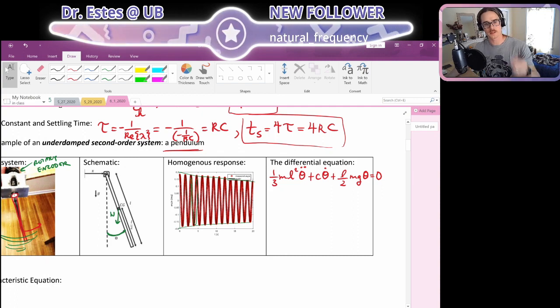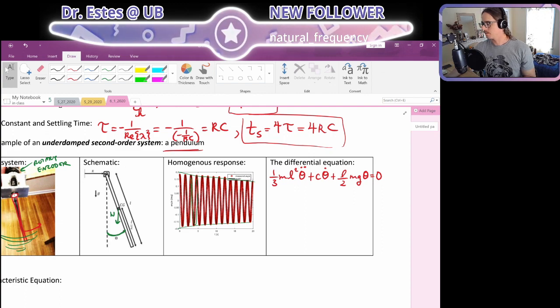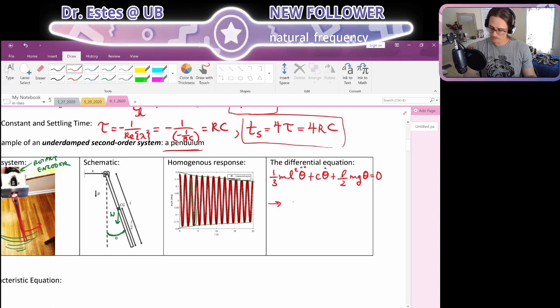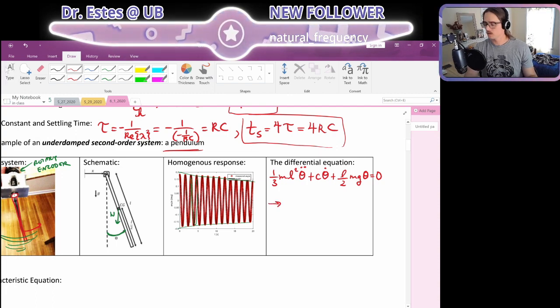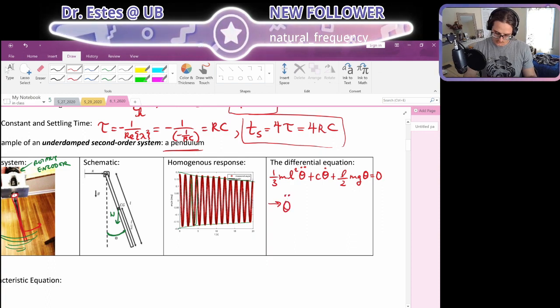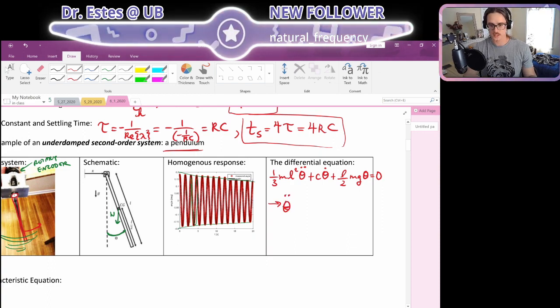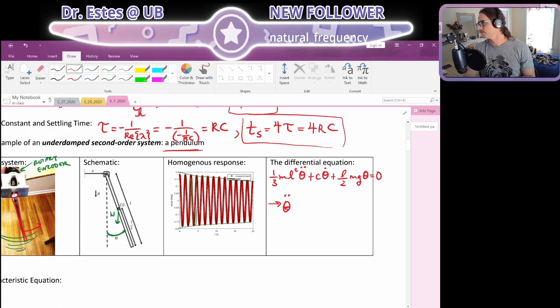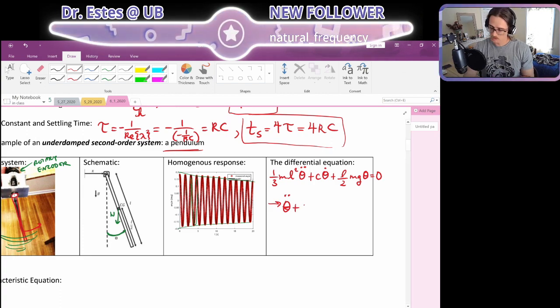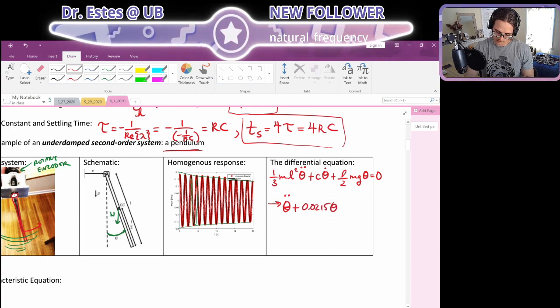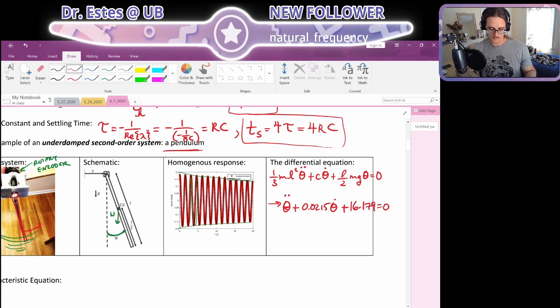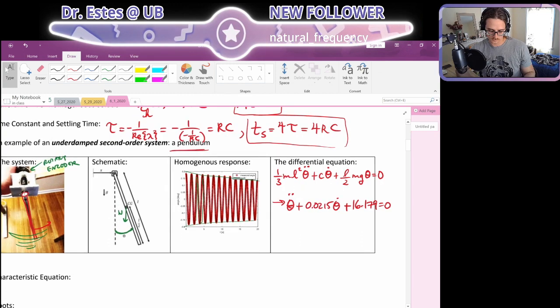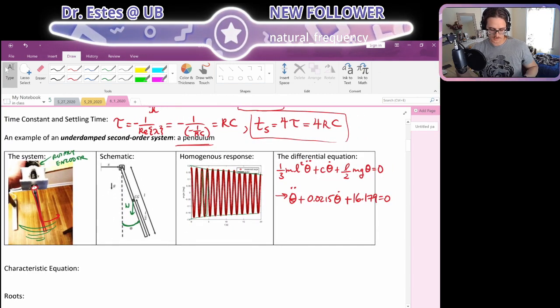And we plugged in numbers for the mass, the length, that damping coefficient, because I had measured everything in advance. So how about we write that out real quick? I'll divide by 1/3 ml squared, so we'll just have 1 in front of the theta double dot term. 0.0215. So that's our differential equation.